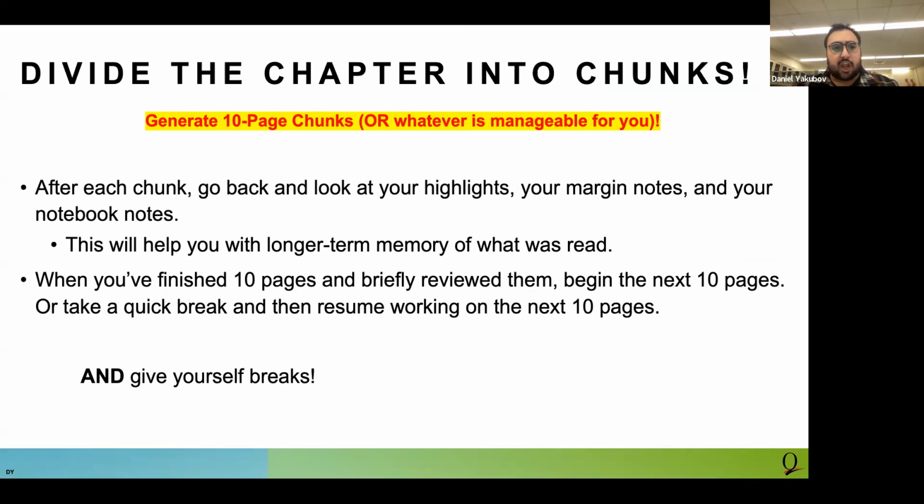And after I would read that, let's say 10-page chunk, I would go back, look at the notes that I have highlighted in the actual text itself, and then write in some examples that I'm thinking of myself, okay? And I would keep doing this over and over until you finish the chapter.